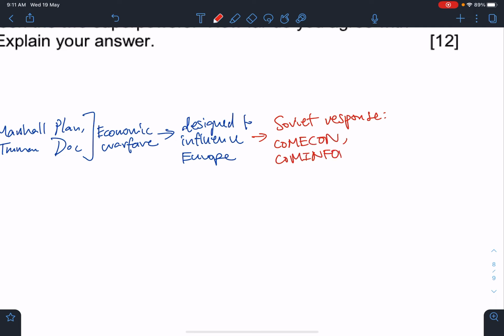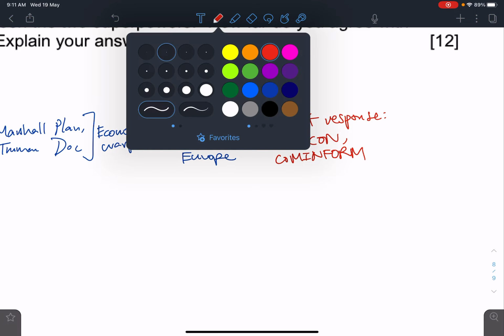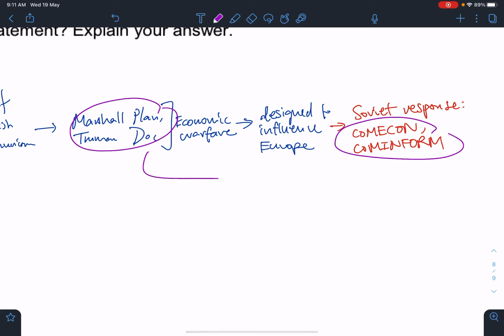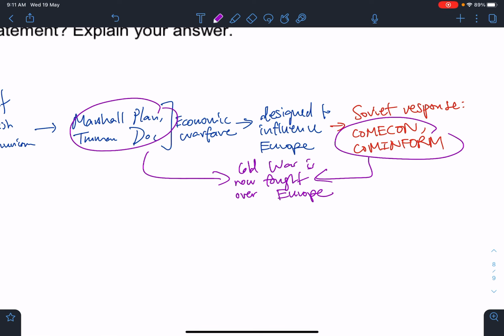Now, where is the worsening? The worsening is not in the data. The worsening is in this. This shows that now the Cold War is now fought over Europe. This is the worsening of the tensions.